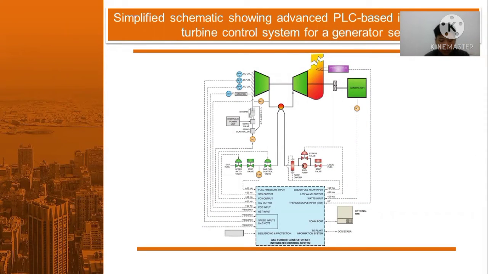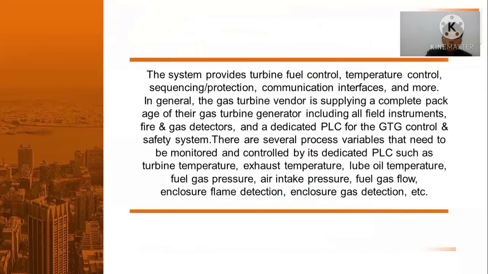Okay, next, simplified schematic showing advanced PLC based integrated gas turbine control system for a generator set. This is a picture of the system for turbine control, temperature control, expansion or protection, communication, interface, and more.